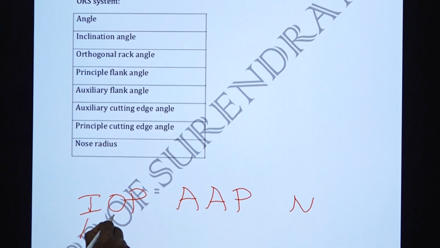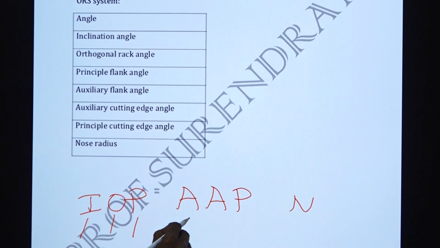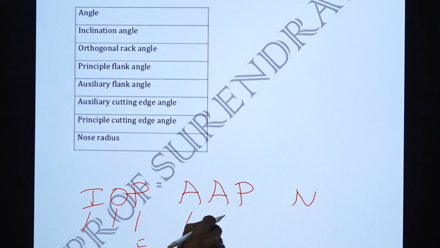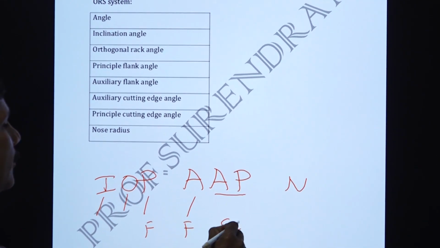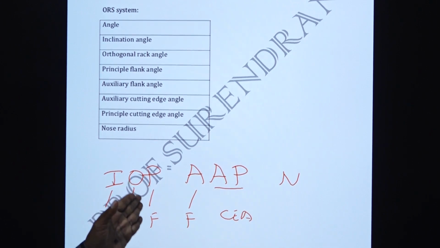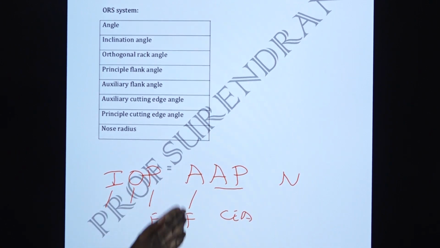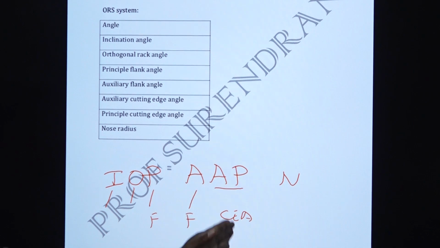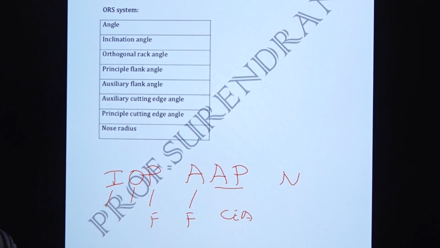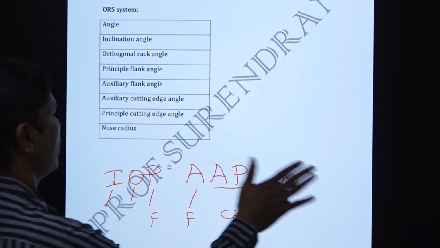Here also flank, here also flank, and these two are cutting edge angles. So always make some mnemonic codes for remembering.